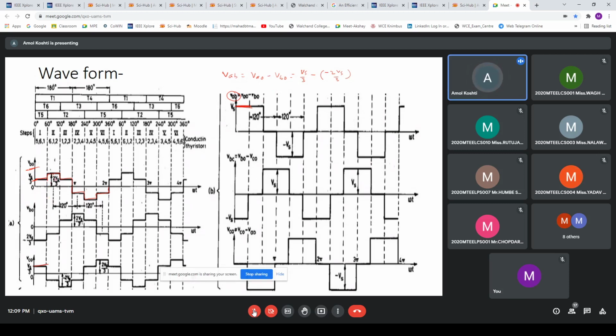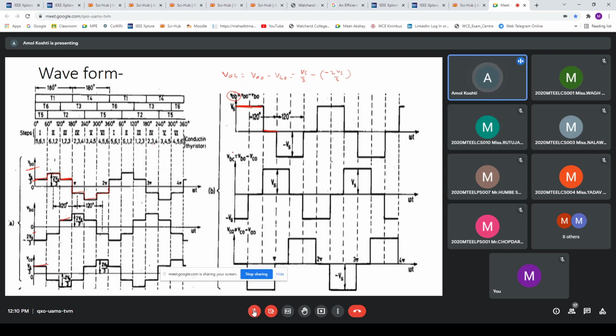Here it is Vs by 3 from 60 to 120 degree, and here it is minus Vs by 3, so again it becomes Vs. For the next interval, from 120 to 180 degree, here it is Vs by 3 and this is also Vs by 3. So Vs by 3 minus Vs by 3 is 0. In this way the output is produced.